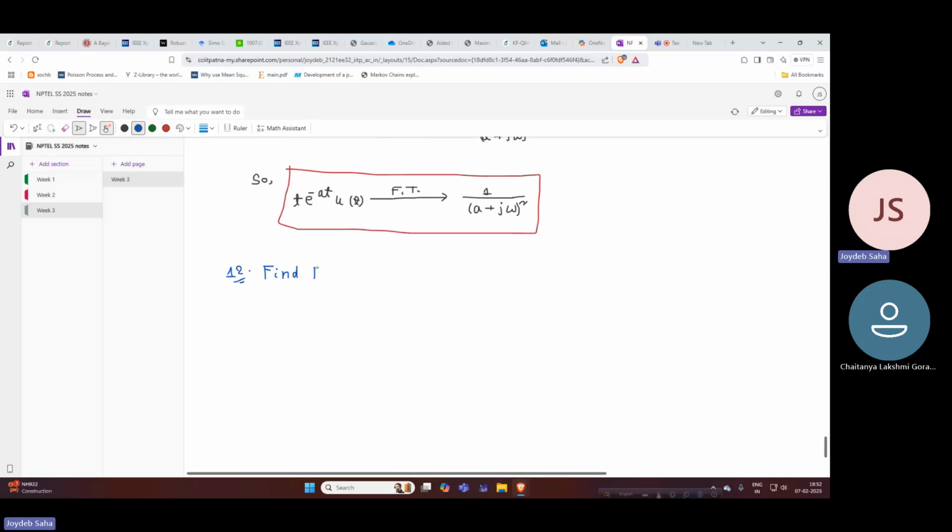Find the Fourier transform of e to the power 3t u of (minus t plus 2).